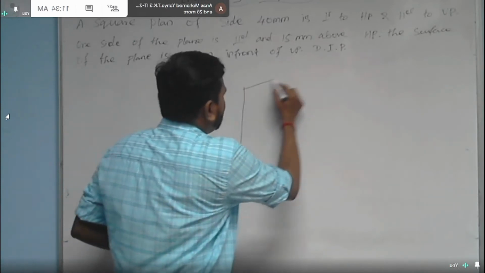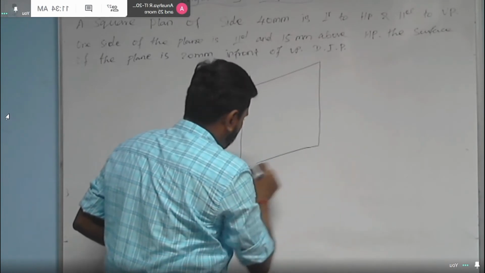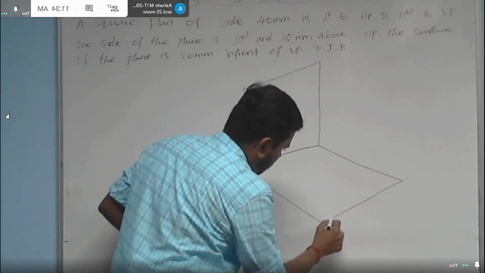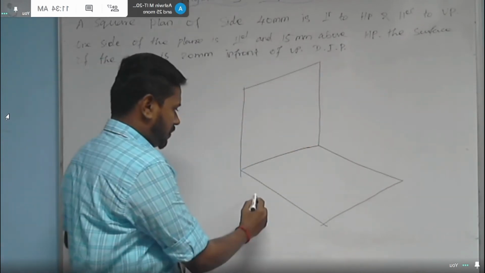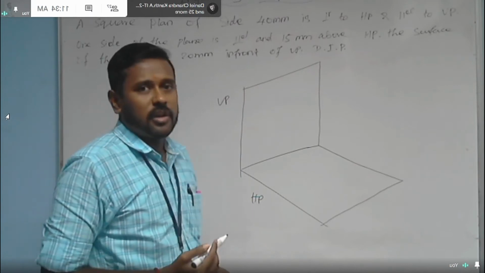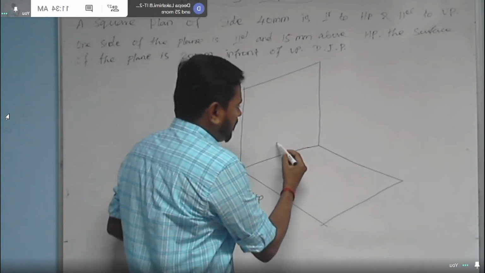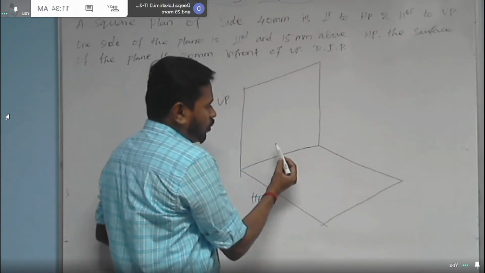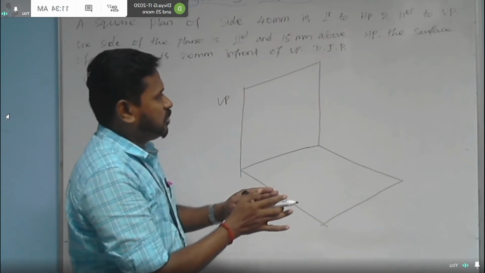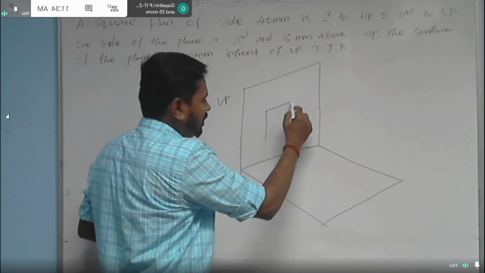When you consider the horizontal plane and the vertical plane, you are going to have your square plane perpendicular to HP and parallel to VP. So in this way it is going to be there.